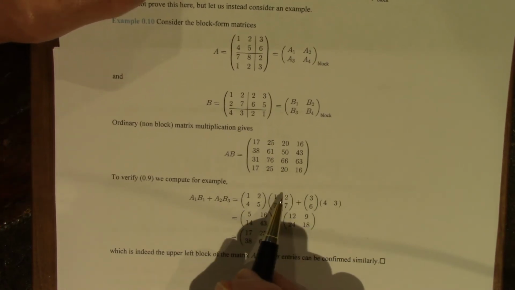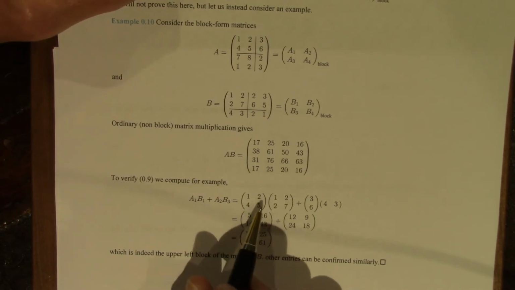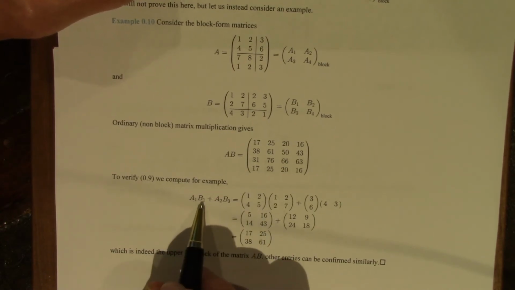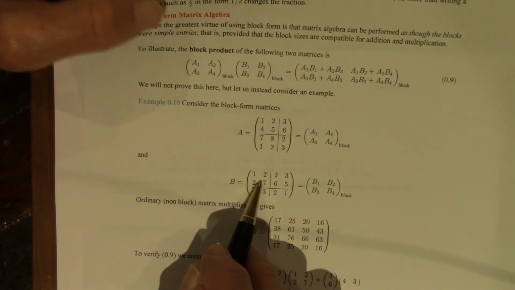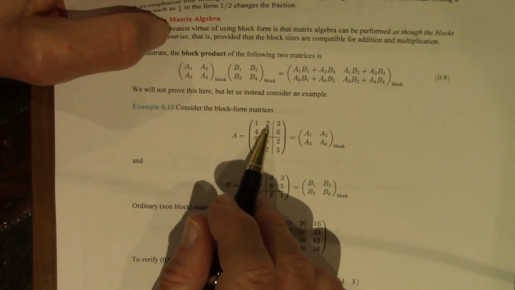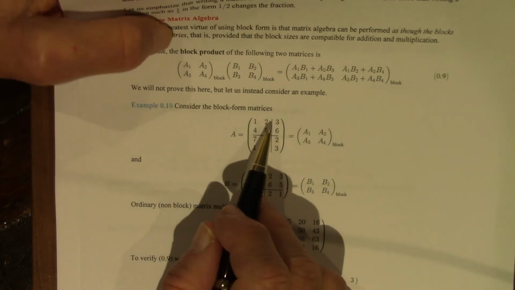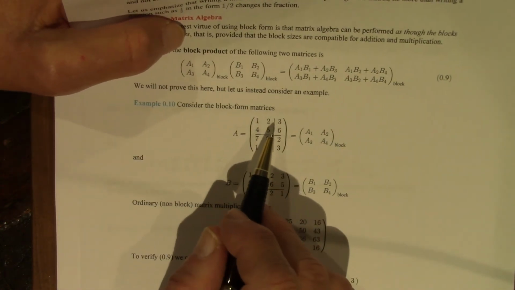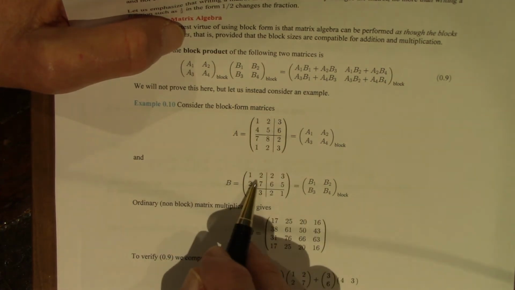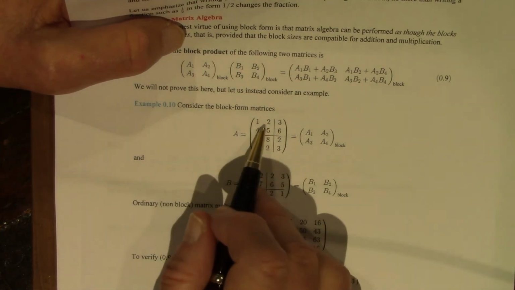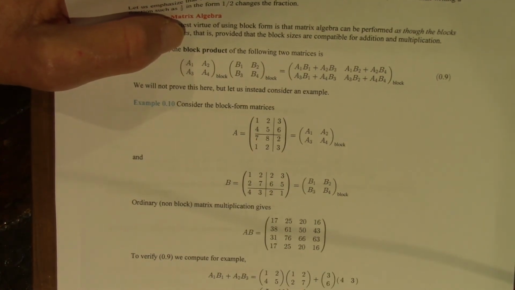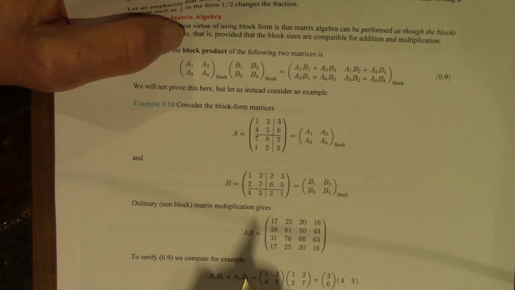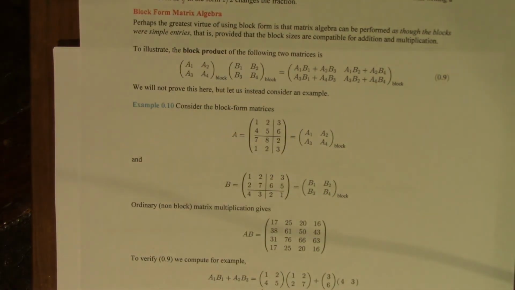But notice that the blocks have to be compatible. So A1 B1 here, this is A1 and this is B1. If they were not compatible, if the number of columns of A1 was not equal to the number of rows of B1, you couldn't even take this block product. A1 B1 wouldn't be defined. So you can't just take two matrices, chop them up any way you want into blocks, and expect this to work.